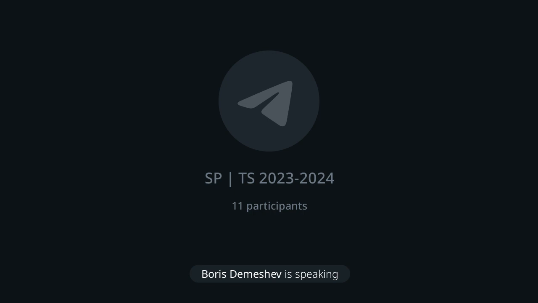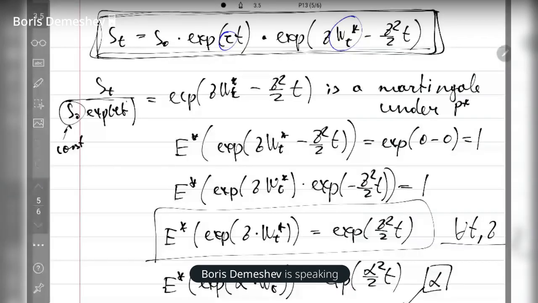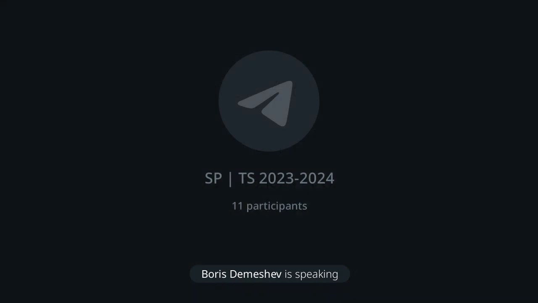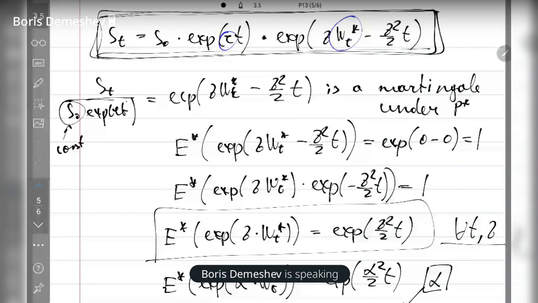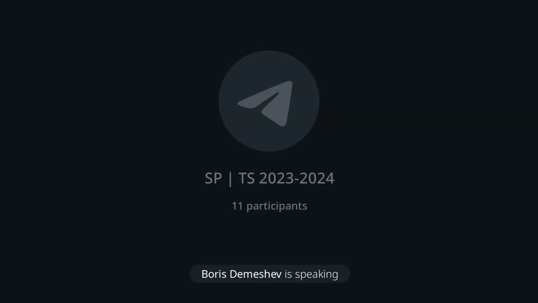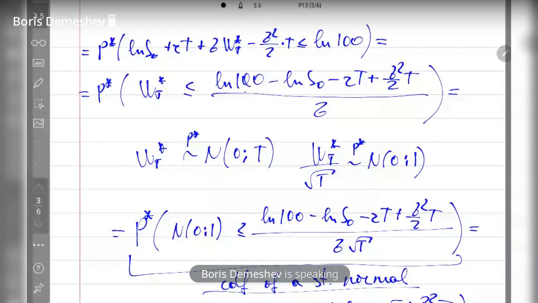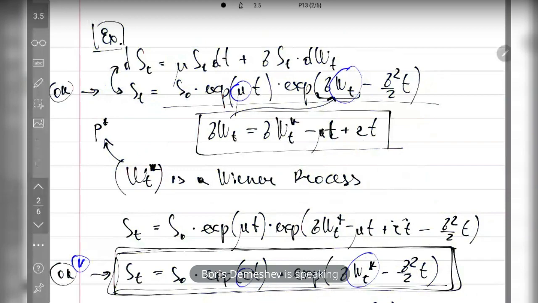And probably the advantage of discrete time models is that we can explicitly write P star. Because in this continuous time setup, you don't really see P star. Basically, we use two pieces of information about P star. We do not write P star directly.